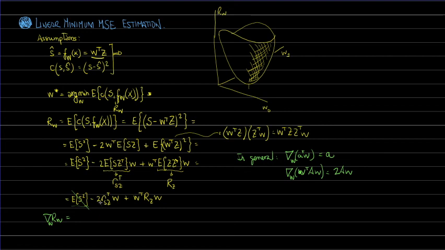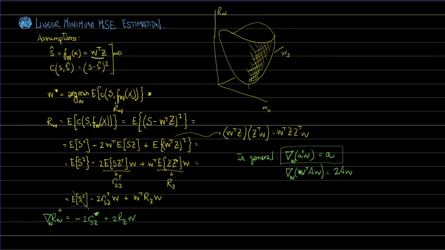The gradient of the scalar product will be minus 2 times R_SZ, and the gradient of the quadratic form will be 2 times R_Z times W.